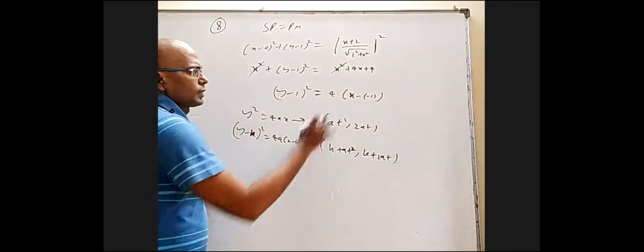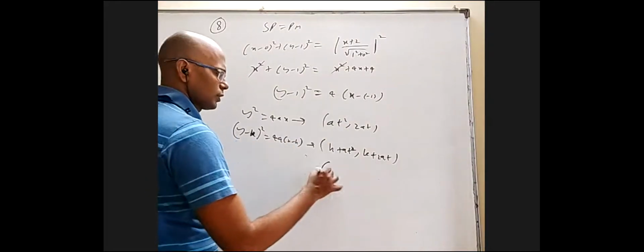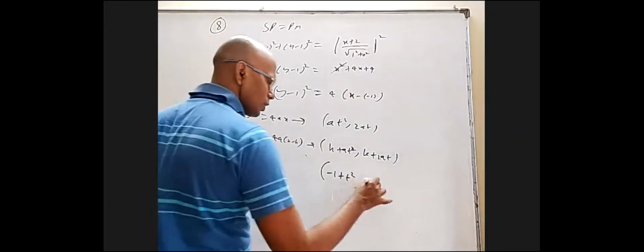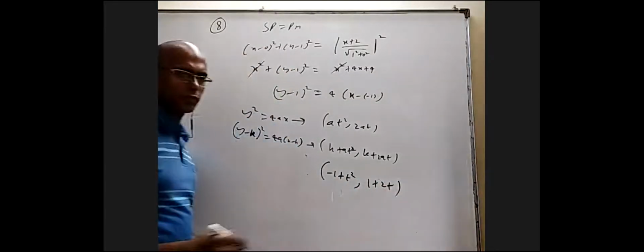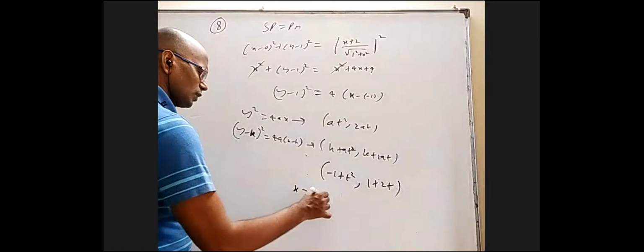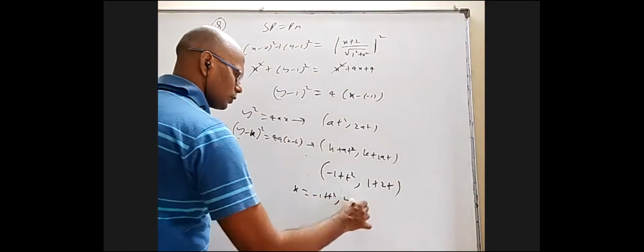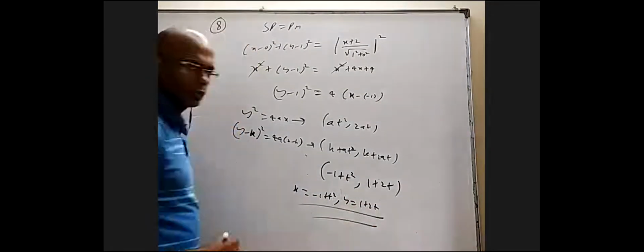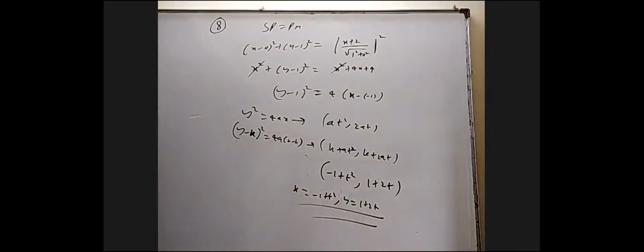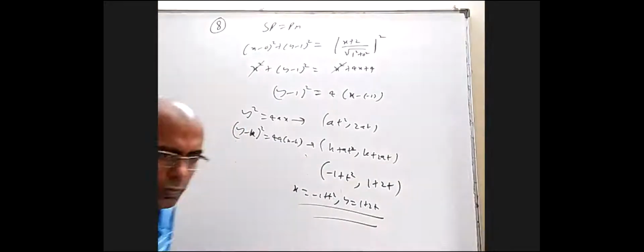Okay, so here h is minus 1. So based on that, minus 1 plus t square, a is 1, and 1 plus 2t is the parametric form. x equal to minus 1 plus t square, comma, y equal to 1 plus 2t is the parametric form. This is a regular parabola with the translation.